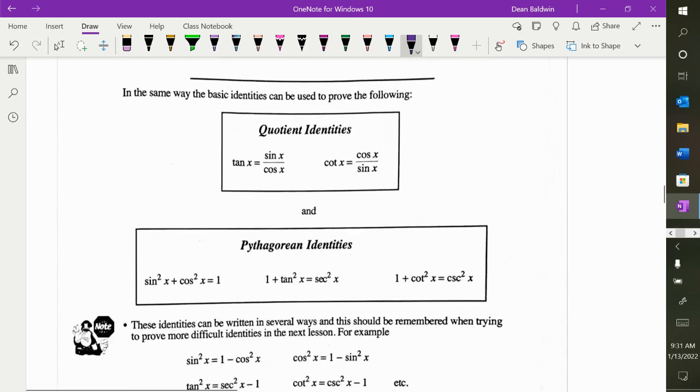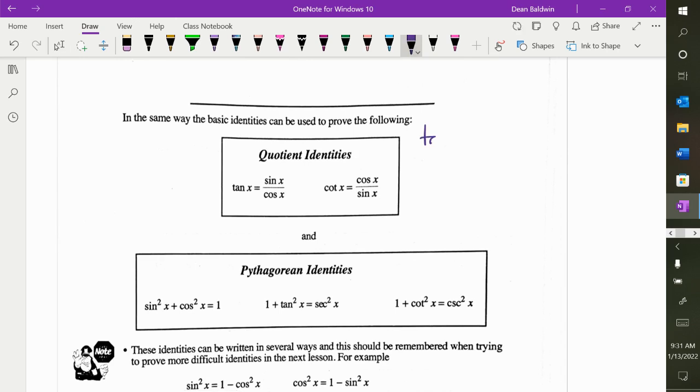So tan is equal to y over x, and we know that sine is equal to y over r, and cosine is equal to x over r. That's from when we did the circle.